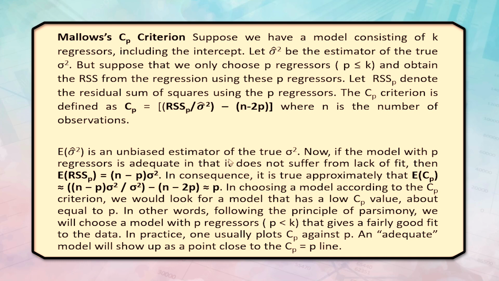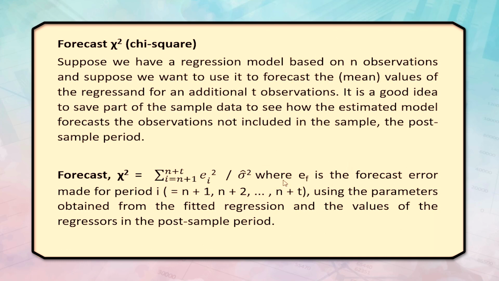Next we come to the forecast chi-square. We have data for a time span, or observations up to a given level. Using those observations and using our estimate, we try to forecast. Forecast means we are making predictions out of the sample. These are called out of the sample predictions.